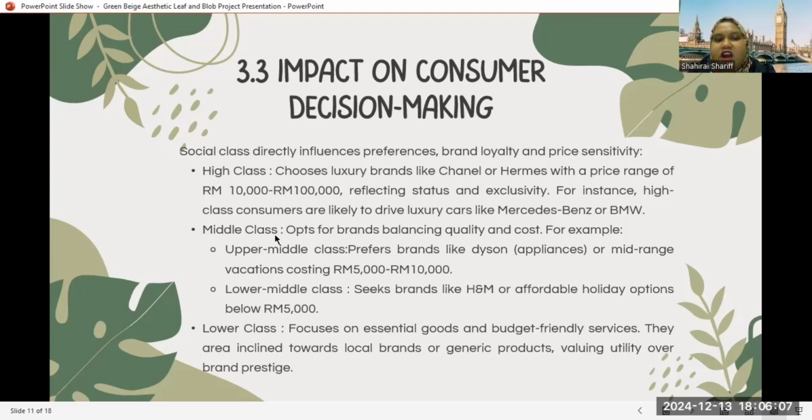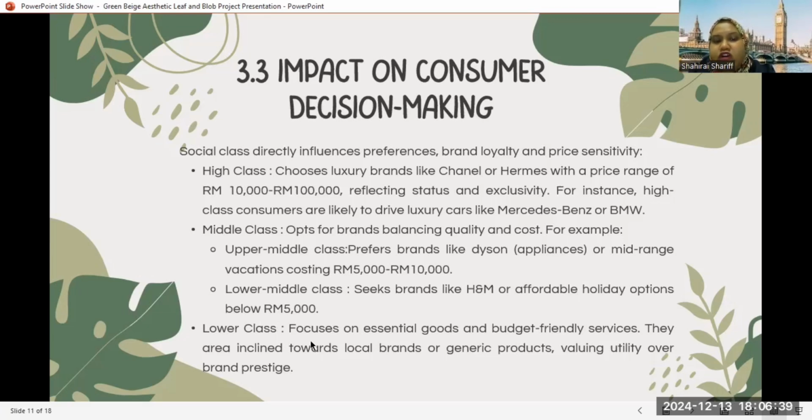Middle class opts for brands balancing quality and cost. For example, upper middle class prefer brands like Dyson and vacations costing 5,000 to 10,000. Lower middle class see brands like H&M on affordable holiday options below 5,000.